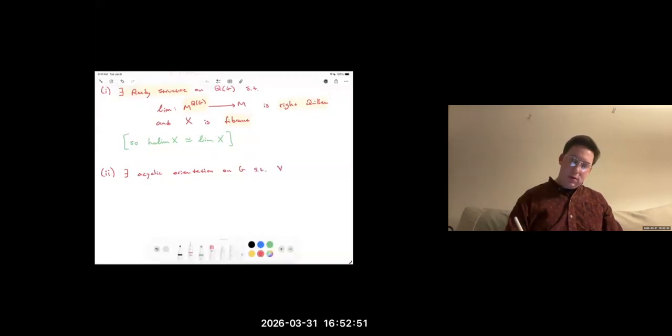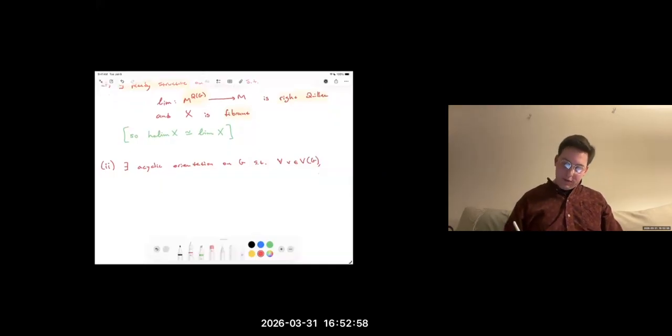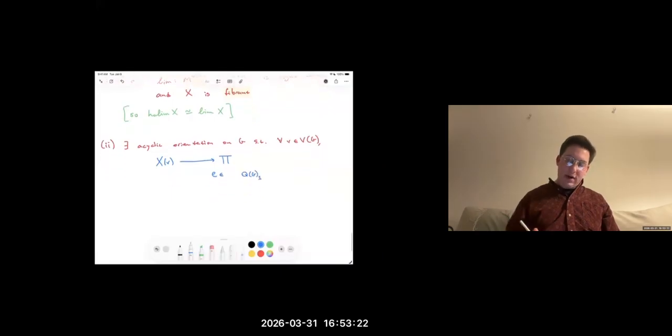such that for all vertices in G, a certain map is a fibration. So this map is: X has a value at V, it's a diagram, and then I'm going to map to the product over some edges in a certain subset of edges in the quiver that I'll draw for you.